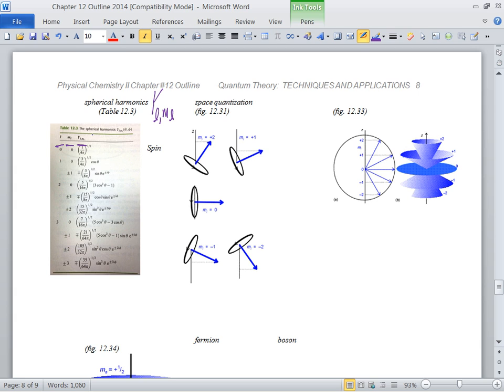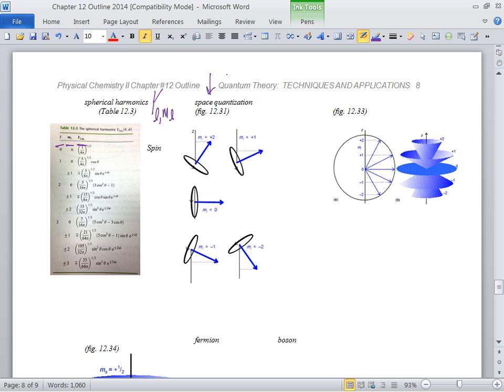What else do we want to mention here? I think let's just jump over to here. Space quantization. This is what gets kind of odd. The blue arrows are supposed to be showing what again? Angular momentum, right? And you can give that symbol JZ or symbol L, whatever you'd like.